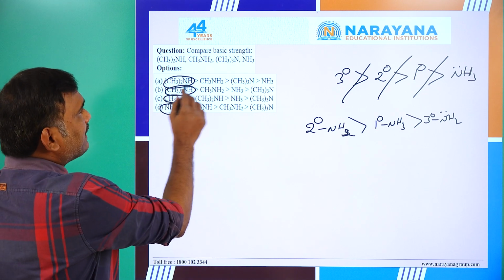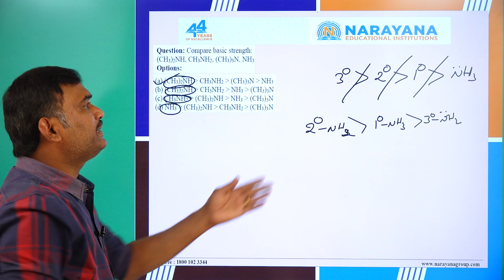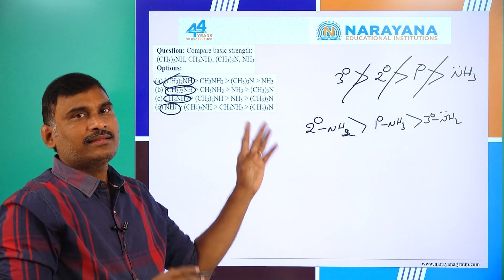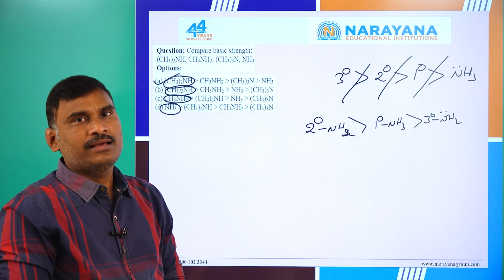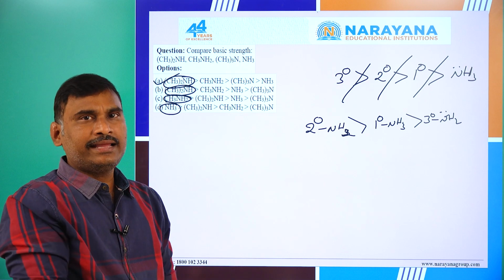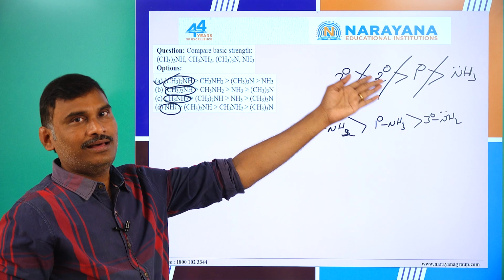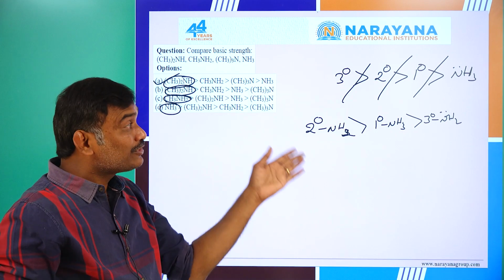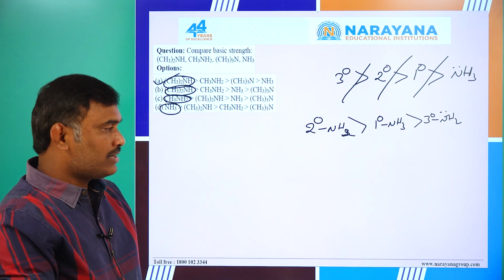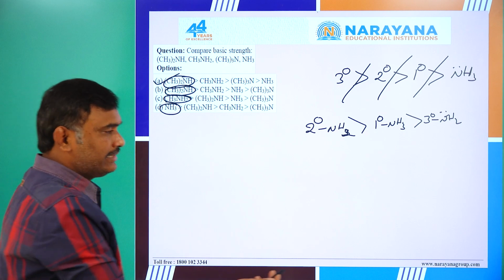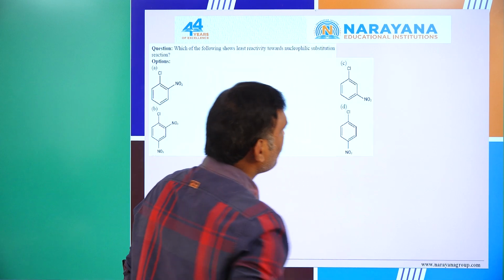Say yes or no? So it should be the aqueous phase, while the alkyl group is methyl. If it is ethyl, secondary, tertiary, primary is the answer. That's why it should not be the gaseous phase, it should be the aqueous phase only. Now go for the next question, student. It is easy and memory based also.